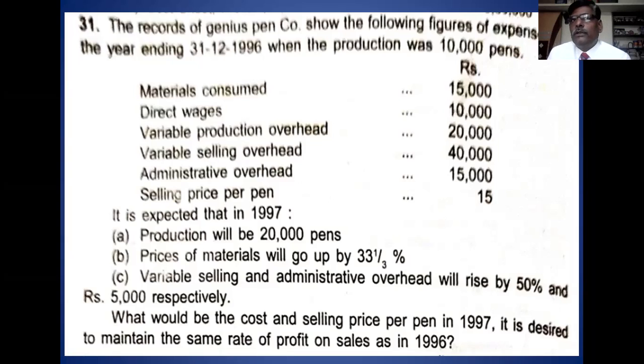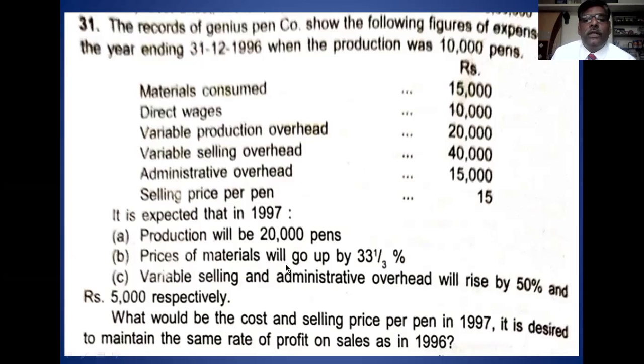And they asked to estimate for the year 1997. Production will be 20,000 pens in 1997. In 1996, 10,000 pens were manufactured; in 1997, you have to produce 20,000 pens.